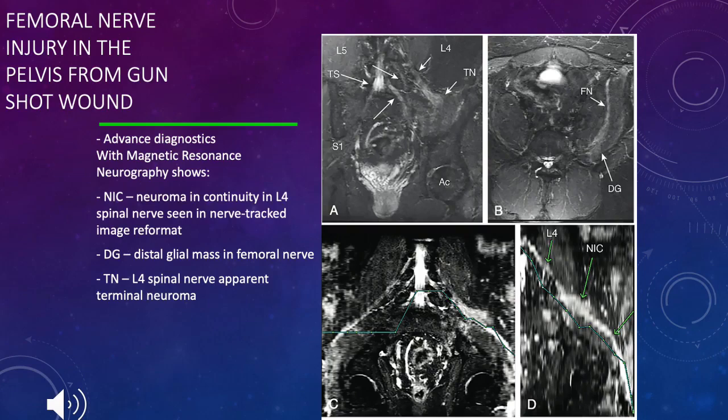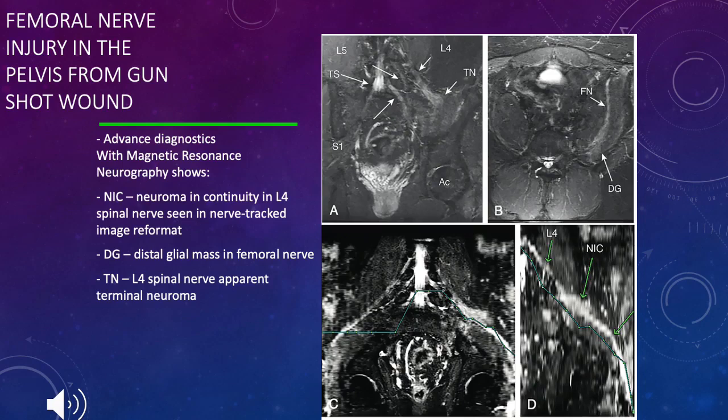And then to further clarify it, what's been done is to use a reconstruction algorithm where the operator draws or places a line along the expected course of the L4 spinal nerve, the area of the gunshot wound neuroma, and then traversing distally in the femoral nerve, and then the software generates an image of the nerve along that course, and therefore we see how the L4 spinal nerve in D there progresses into a neuroma in continuity with the femoral nerve emerging.